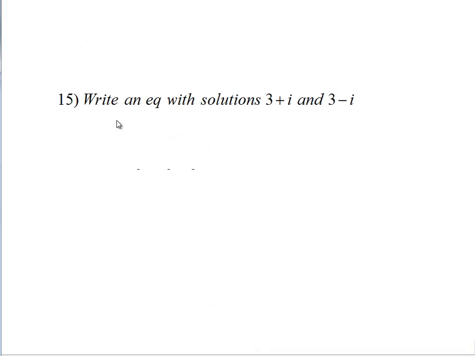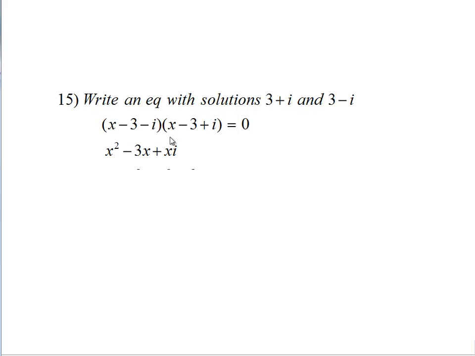Now 15, write an equation that has these solutions. Okay, it's x minus both of those, so it's x minus 3 minus i and x minus 3 plus i. So it's minus, minus, minus, and this turns into a plus. Okay, we have to multiply this out. x times x is x squared, minus 3 times x.